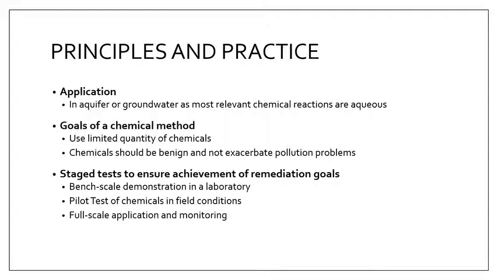We start with a bench scale demonstration in a laboratory where we try to see if the chemicals would actually react with the contaminants. And then we conduct a pilot test of the chemicals in field conditions. So meaning we do field testing on a small scale, and if it's successful, we conduct a full-scale application and we monitor the results.